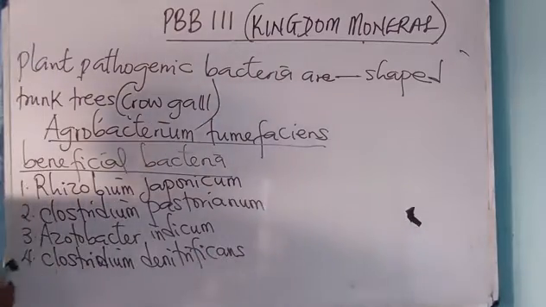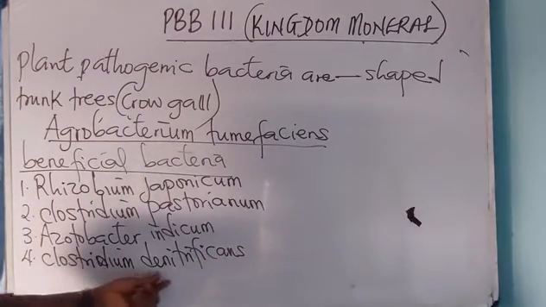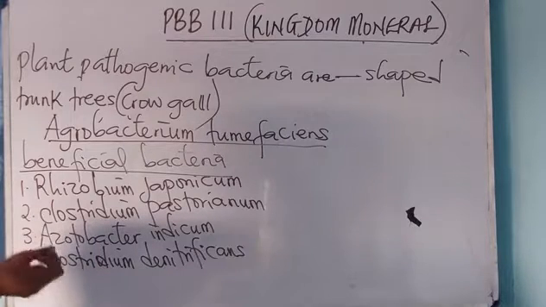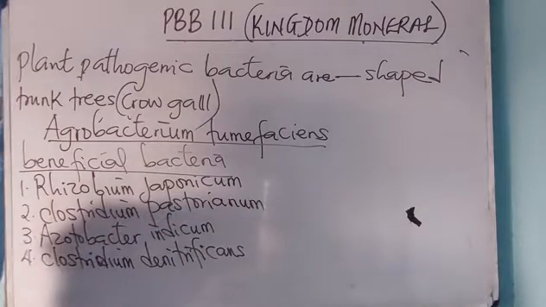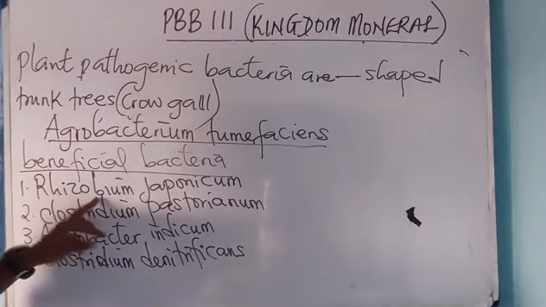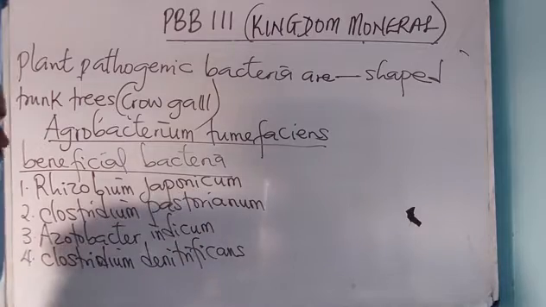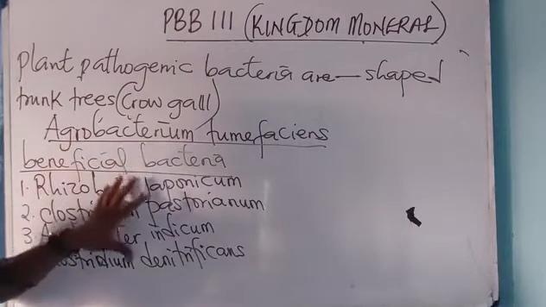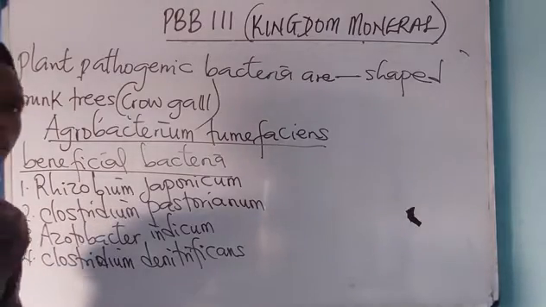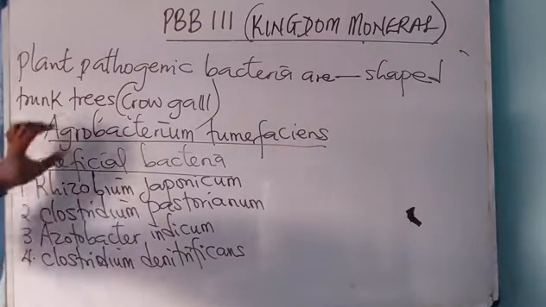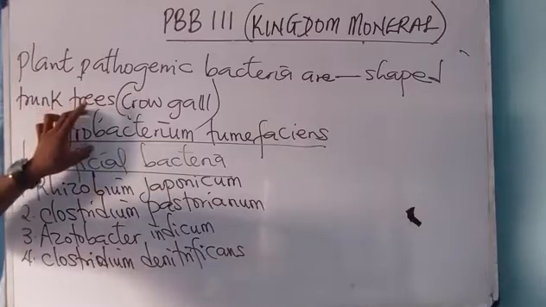Clostridium denitrificans is a denitrifying bacteria that is what? Beneficial. Azotobacter indicum, Clostridium pasteurianum, then Rhizobium japonicum are all what? Beneficial bacteria. Which of these is not a beneficial bacteria? They'll give you this and add this other one, so this becomes the answer.